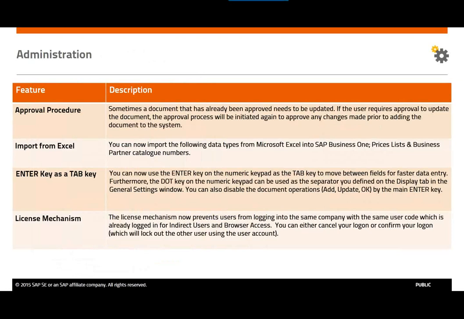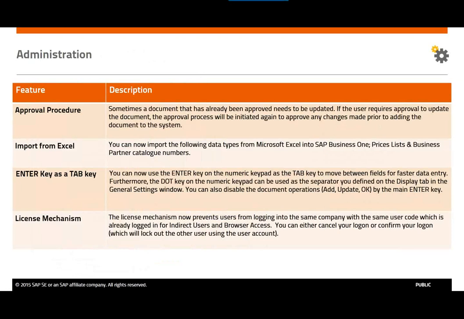With the import from Excel functionality that's already inside SAP Business One, you can now also import price lists and business partner catalog numbers. For those of you who prefer to use the Enter key on your numeric keypad as the tab key to move through the fields, you can now utilize that. That's just a configuration setting.